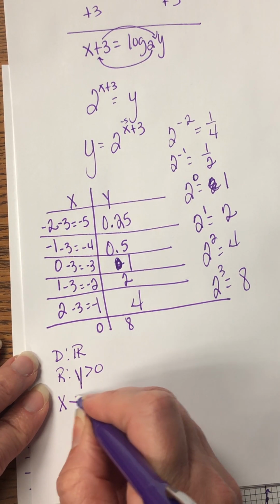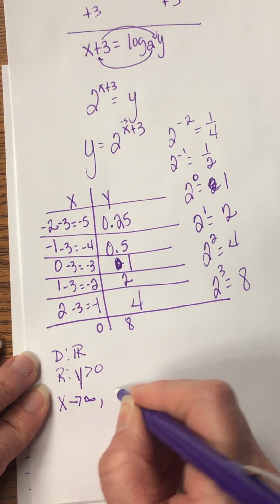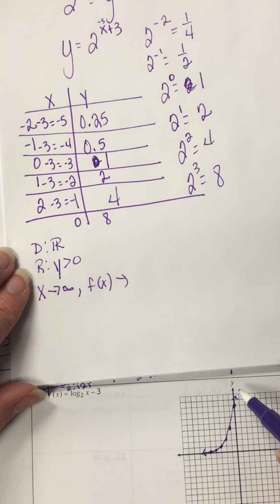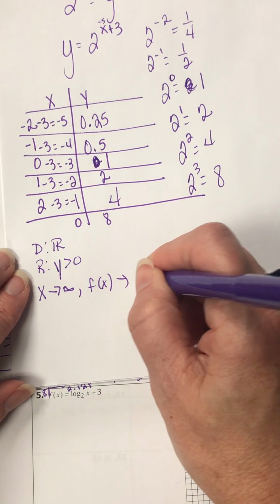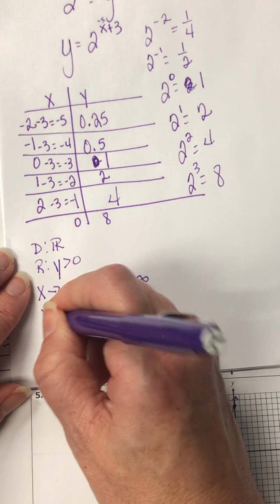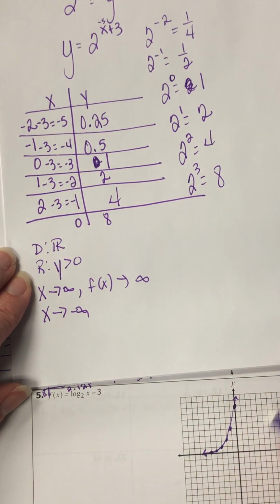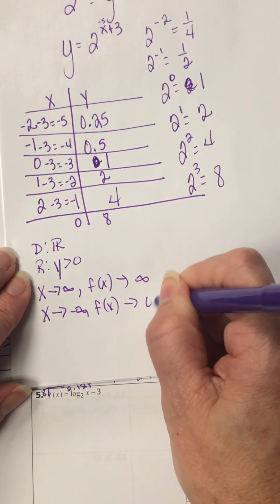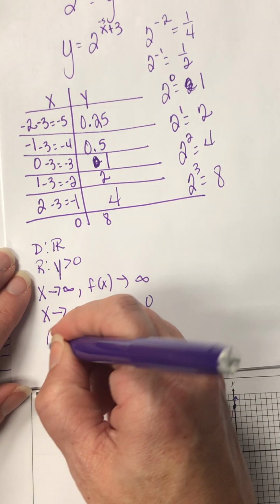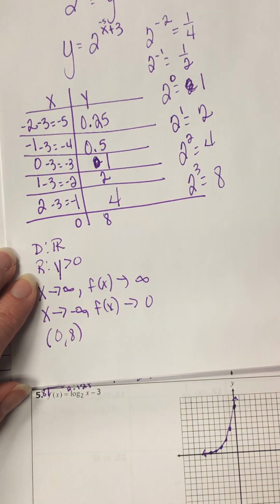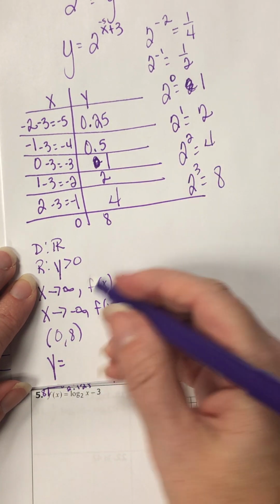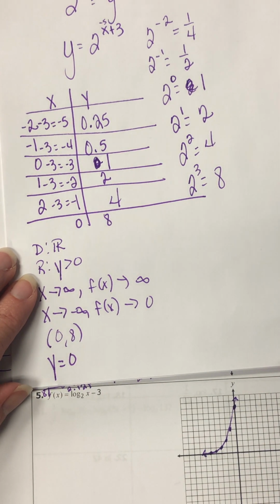For end behavior, as x approaches positive infinity, we can see that y is also approaching positive infinity. As x approaches negative infinity, which is over here, we can see that f of x is approaching 0. My y-intercept is at 0 and 8, and my asymptote, since there's nothing added or subtracted outside the function, is y equals 0.